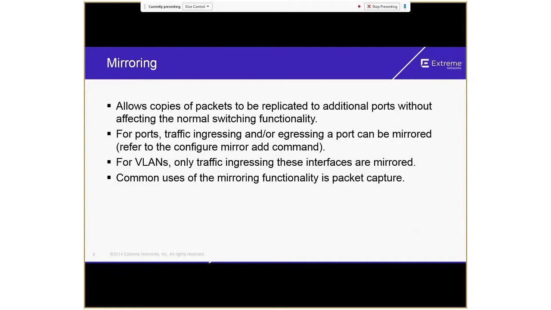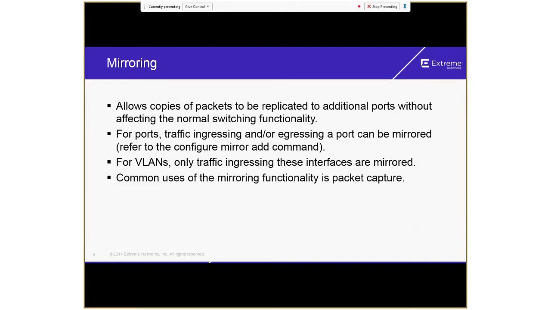And what mirroring actually does is, whatever traffic is coming into the switch on any particular port, it mirrors that traffic onto another port which is called a monitor port. On the monitor port you can connect a PC, and on the PC you can run Wireshark.